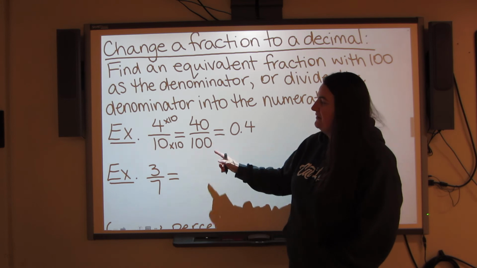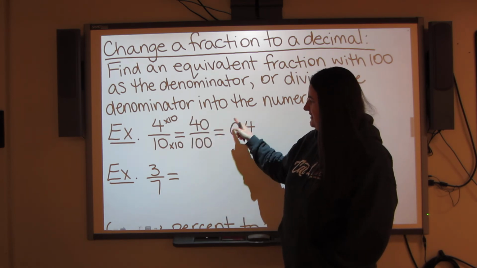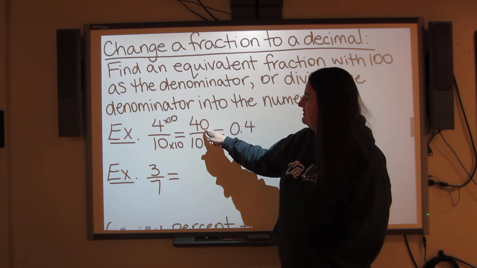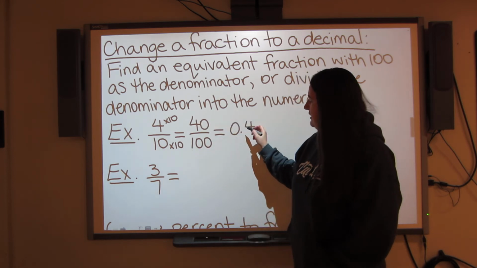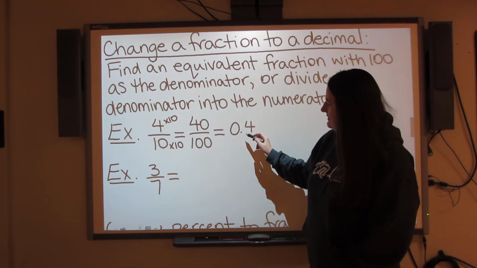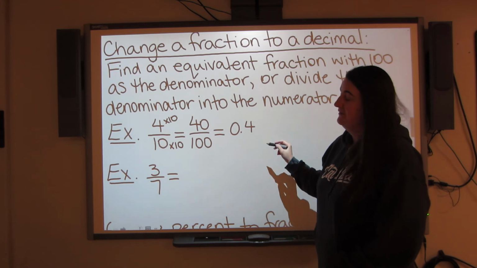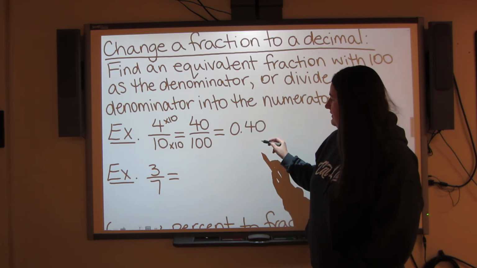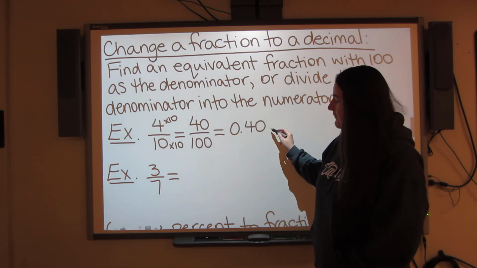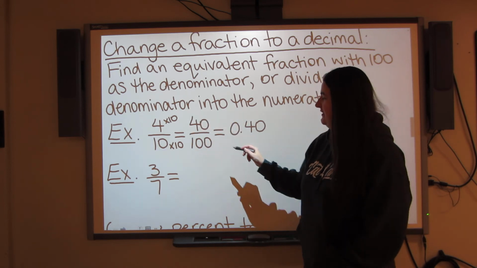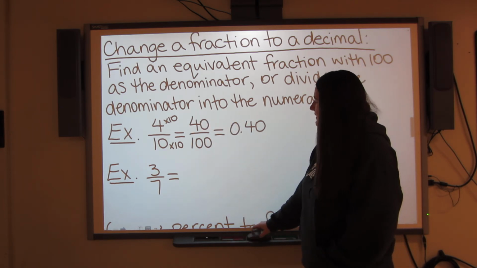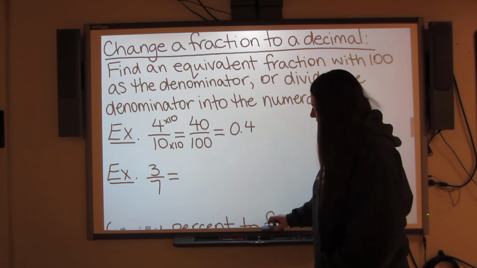So, remember, when you're doing fractions to decimals, you just take the numerator and you stick 0 point in front of the numerator. So I had my 40, I put 0.40 because that's the numerator, and then I can take off the 0 if I want to.